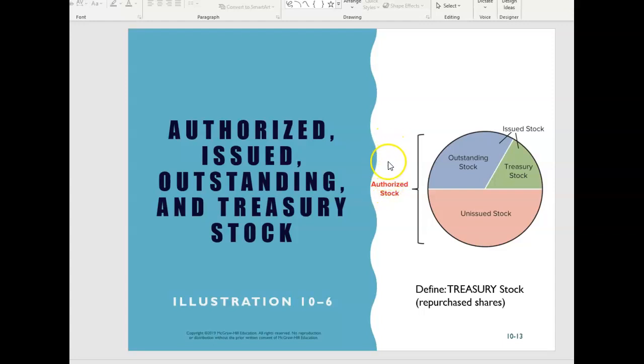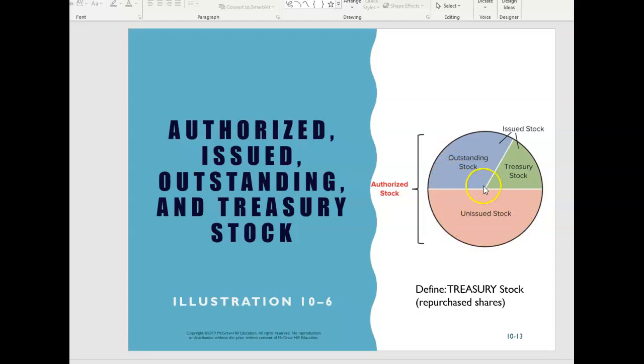We want this to maybe be like a million shares, and we're expecting to issue maybe 100,000 or 200,000 shares. We'd like to have some in reserve that we could issue later in the company's life when we decide that maybe we need more capital. So authorized stock is going to be a pretty big number. A lot of our stock will remain unissued until later in the company's lifespan.